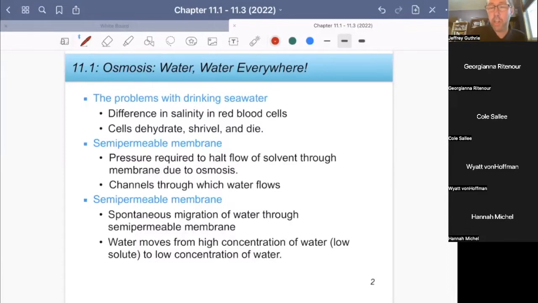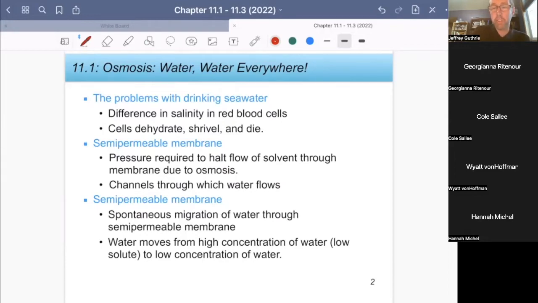So your blood cells have a certain amount of salt in them. The water around them, if it's seawater, has a certain amount of salt in it. Since there are different concentrations of salt in red blood cells and the ocean water, the water inside your cells is forced out of the cells through a process called osmosis.